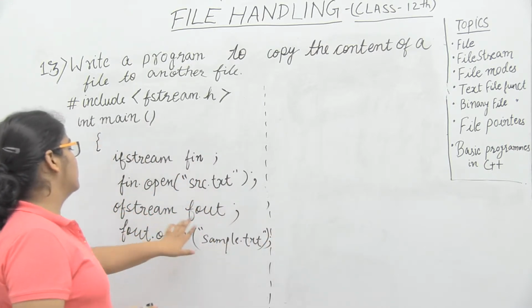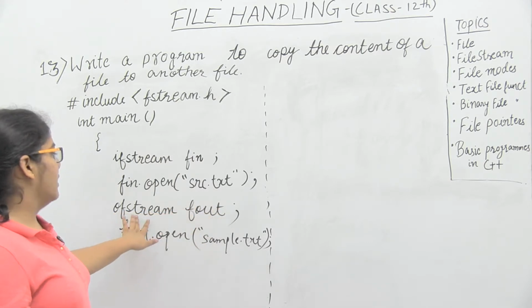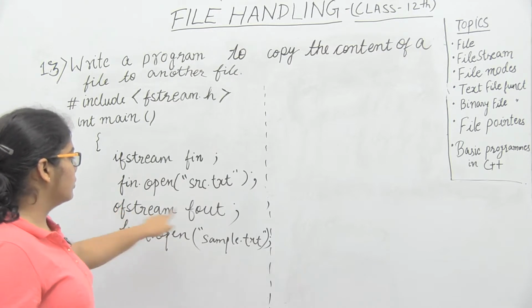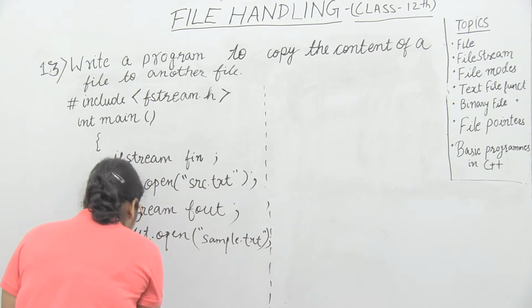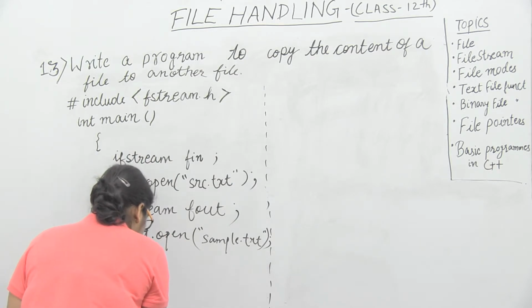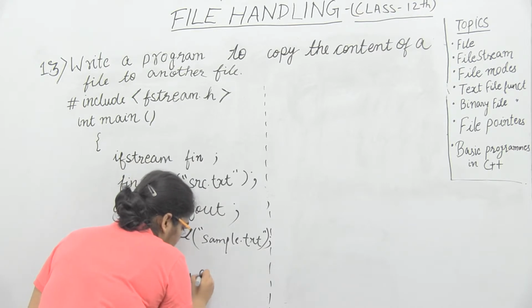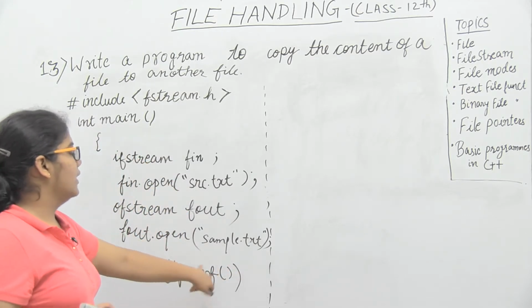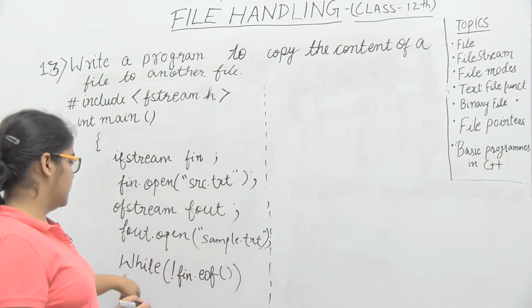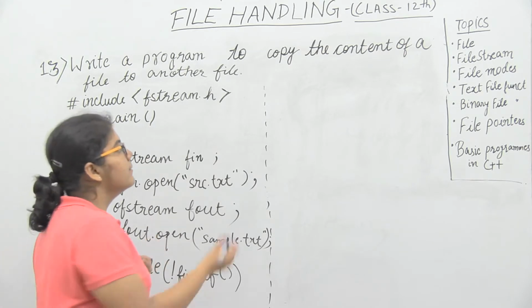So this fout we have declared as a variable of type ofstream, because we have to write in the file sample.txt. So while (!fin.eof()), until we reach the end of file of source.txt, this loop will run.